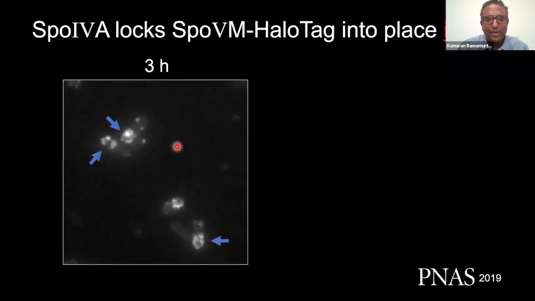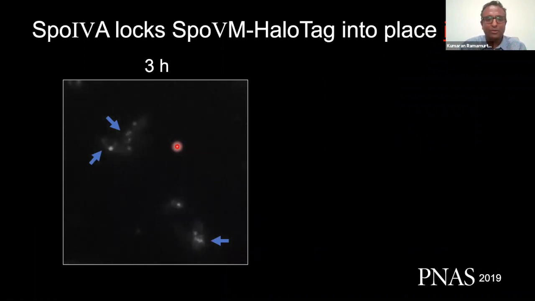Okay, so we wanted to make sure that this was not just an in vitro artifact or something, so we did the same single molecule localization of the first protein in vivo inside sporulating cells. So what you can see here is that, at an early time point during sporulation, the first protein fused to a Halo tag is sampling different membranes.